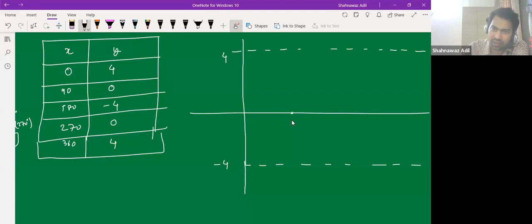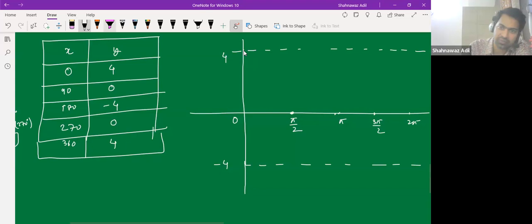And the points are 0, pi by 2, which is 90, pi, 3 pi by 2, and 2 pi. So at 0, y is 4.